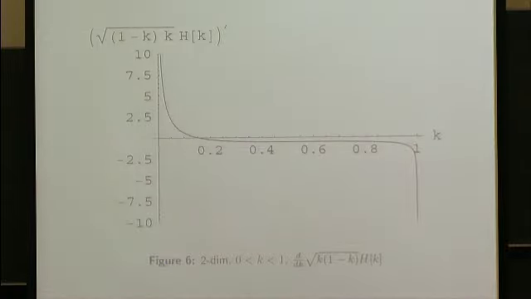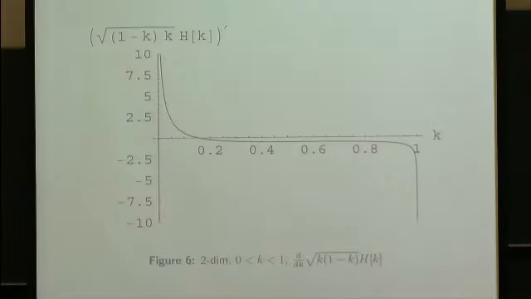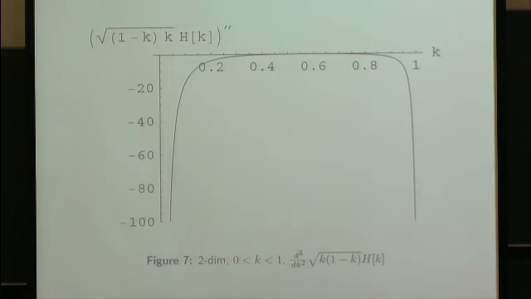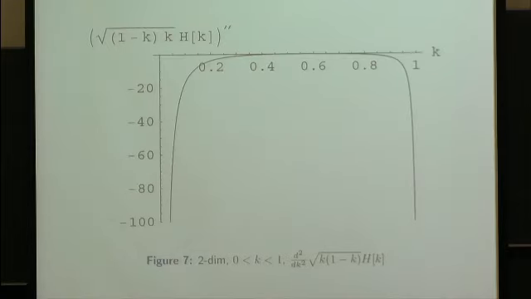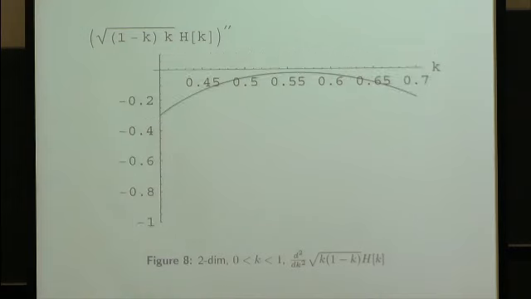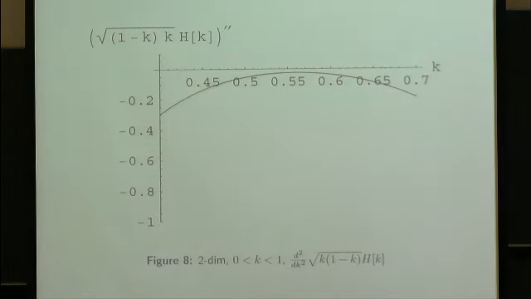But still, the graph of hk itself is convex. So the graph of this can be seen to be convex, as you can see from these pictures. This part is just a zoom up of this flat part. So you can see it's still convex.